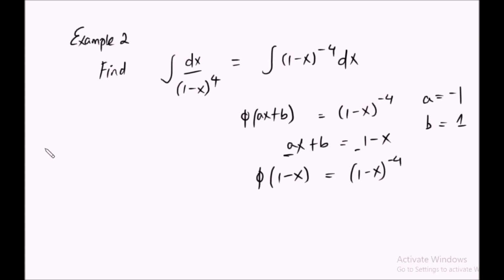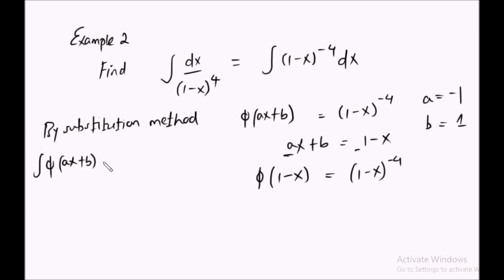So we said for a function of a linear function by substitution method, nikiintegrate a function of a linear function with respect to x, ni sawa tunapata 1 over a psi of u du, u substitution, where u is equal to ax plus b.